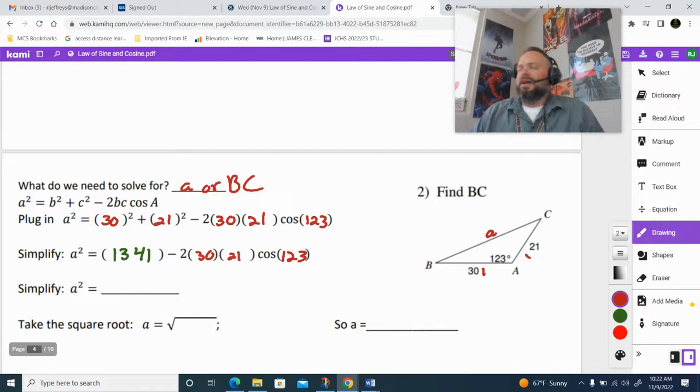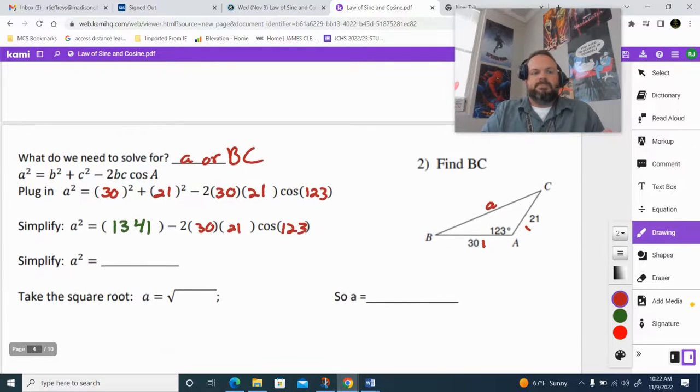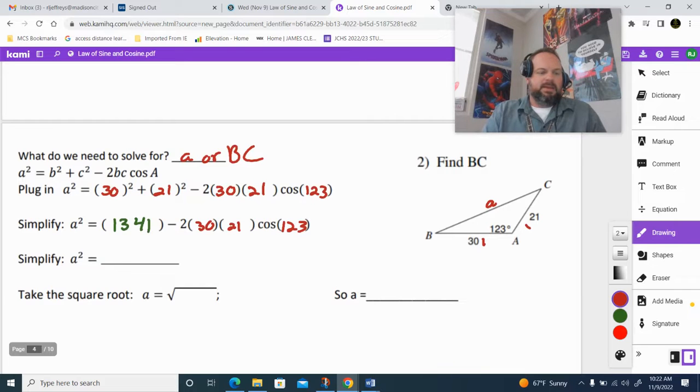It's kind of funny. I know that it sets it up for like A, B, and C and all this other kind of stuff. Basically, it's the same formula, just what are you given, what are you looking for? Okay. All right. Now, I'm going to plug this in. 1,341 minus 2 times 30 times 21 cosine 123.